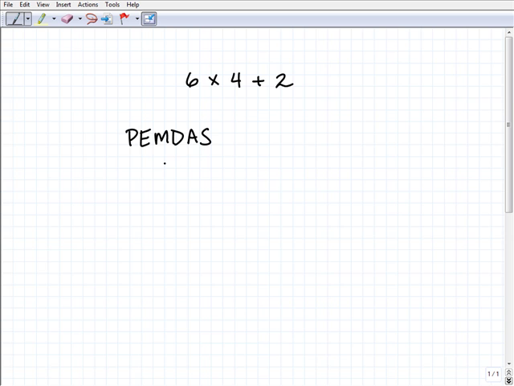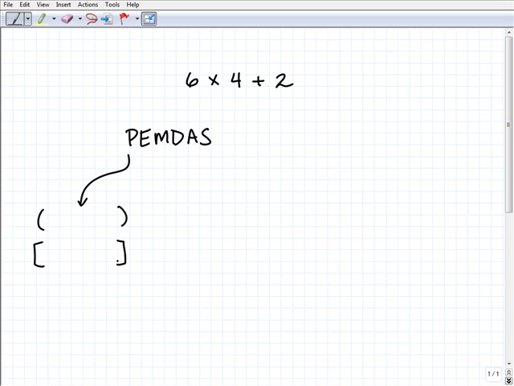PEMDAS. Well, this is the order of operations, and we're going to start with this P here, and the P stands for parentheses. Anytime we see parentheses in a big mathematical expression, we want to do whatever's inside of those parentheses first. But the P, as far as the acronym is concerned, stands for parentheses, it could also mean brackets too.